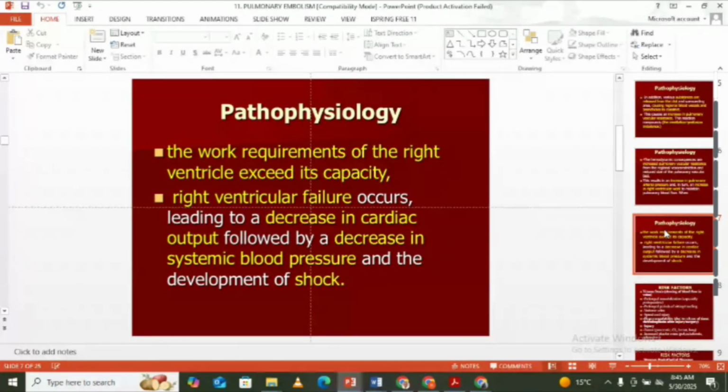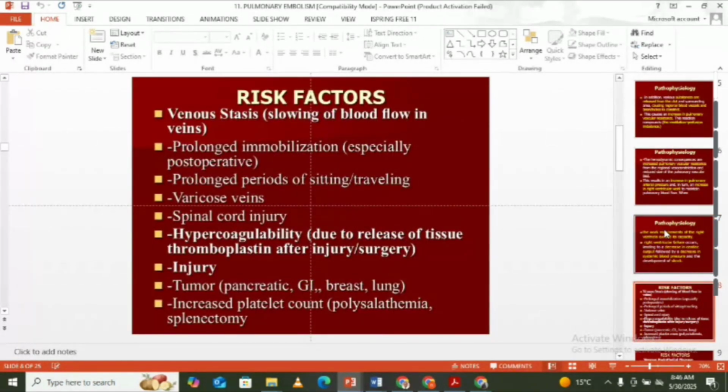That means less blood is getting to the lungs for oxygenation, and less blood is getting into the left ventricle, and that's why we are going to have decreased cardiac output.